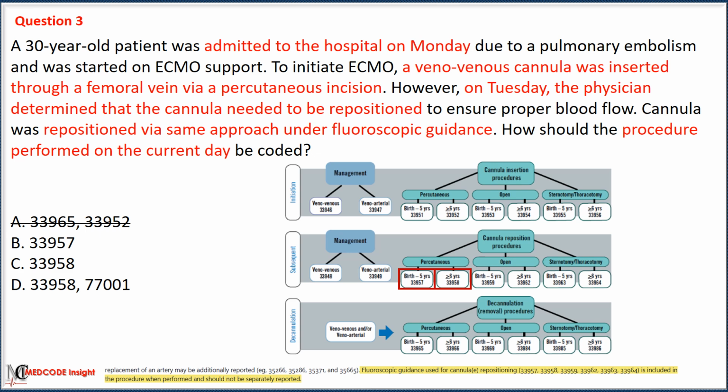In ECMO, all repositioning codes include fluoroscopic guidance, which is not reported separately. Therefore, the correct option is option C with code 33958 used for repositioning a peripheral cannula percutaneously for patients 6 years and older.